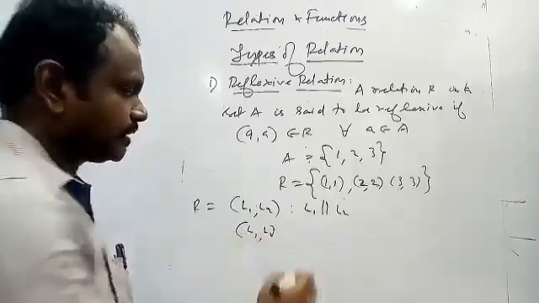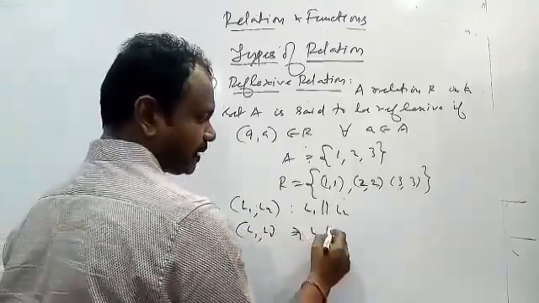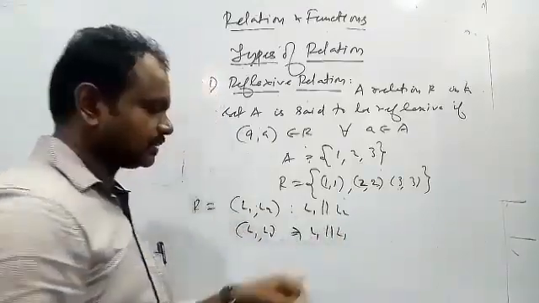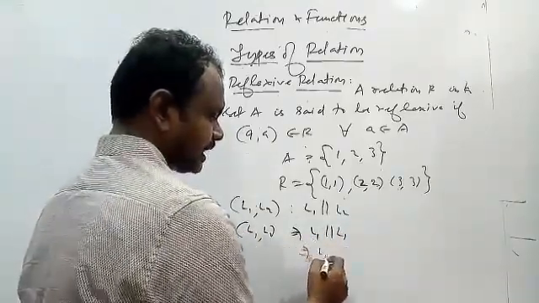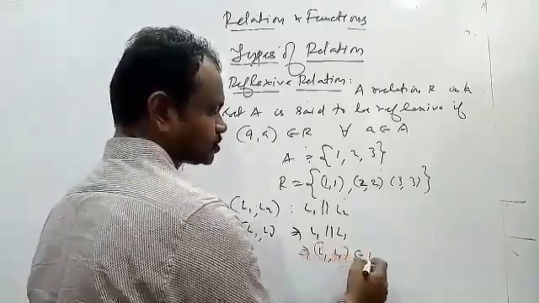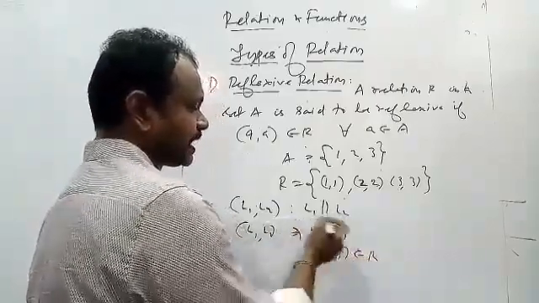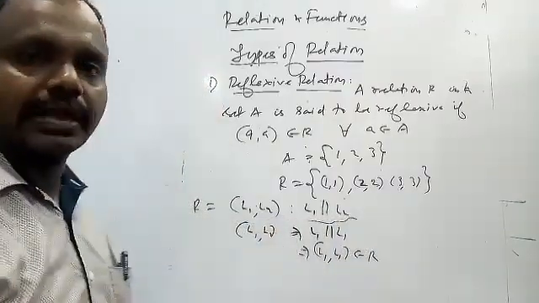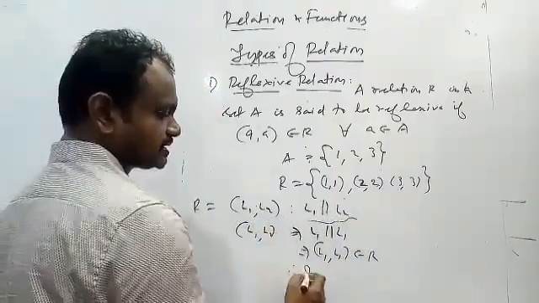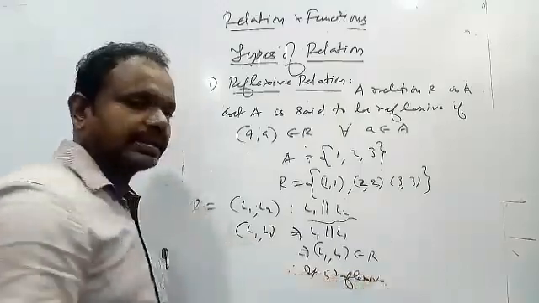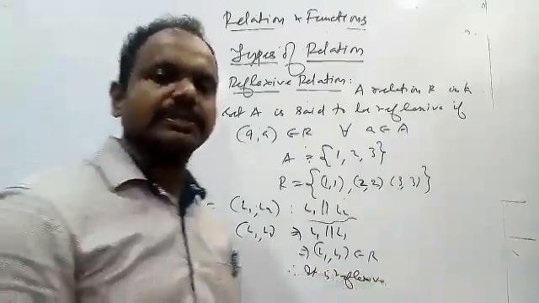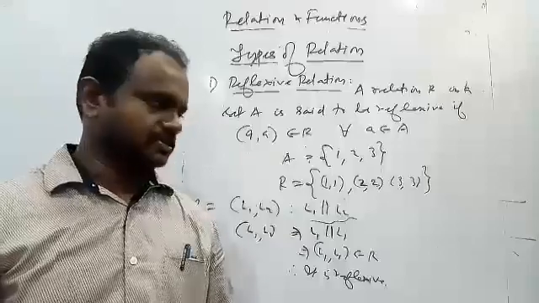So L1 comma L1 implies L1 is parallel to L1. The line L1 is parallel to itself, which implies L1 comma L1 belongs to R, because the relation R is L1 is parallel to L2. So therefore you can say that it is reflexive. So any relation that is satisfied with itself is known as a reflexive relation.